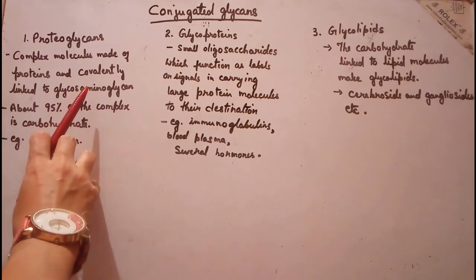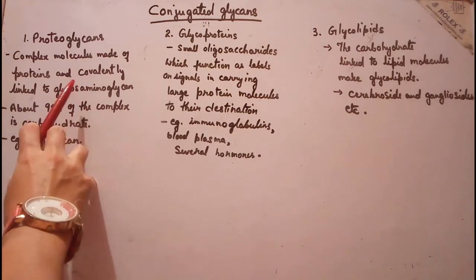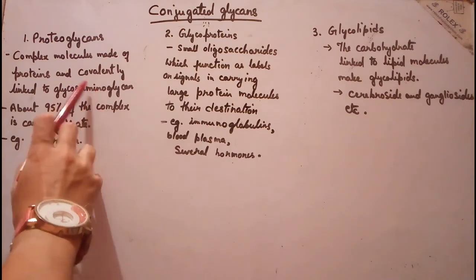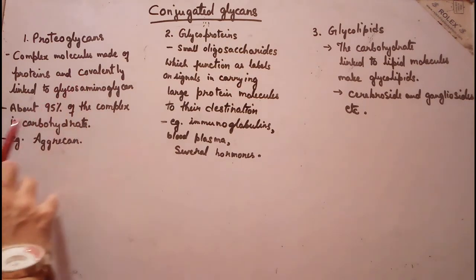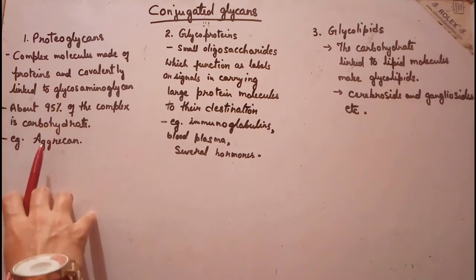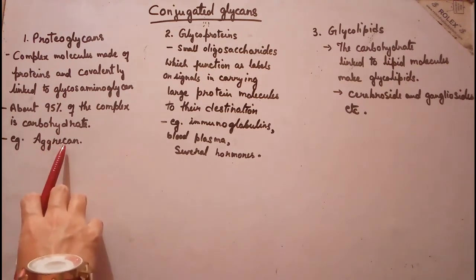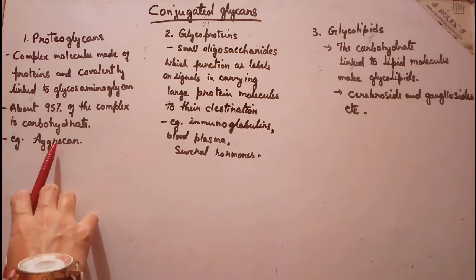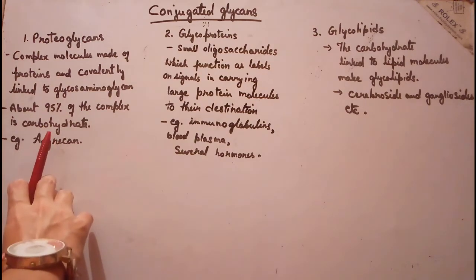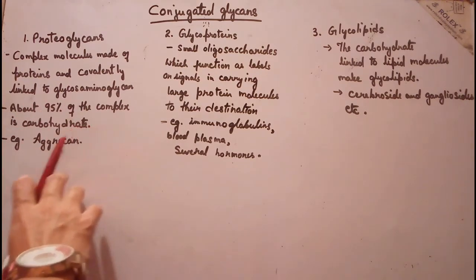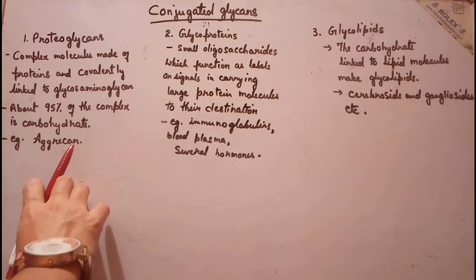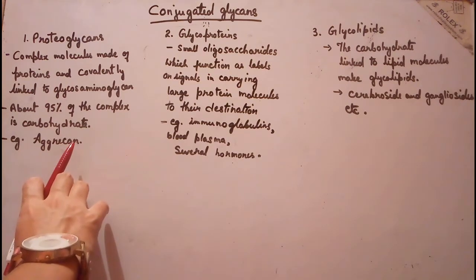Now these glycosaminoglycans are attached at right angles to the plane of the core protein. One example of proteoglycans is Aggrecan. This Aggrecan is one of the most important proteoglycans present in the extracellular matrix, and each Aggrecan molecule contains many chondroitin sulfates and keratan sulfates.